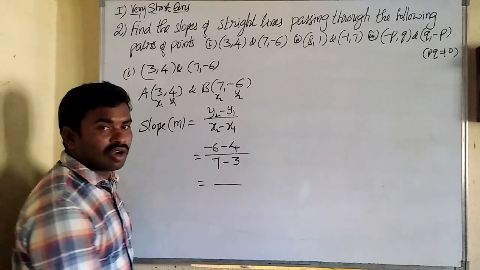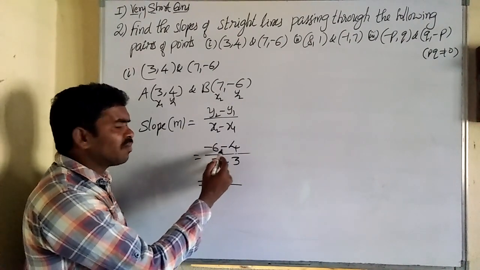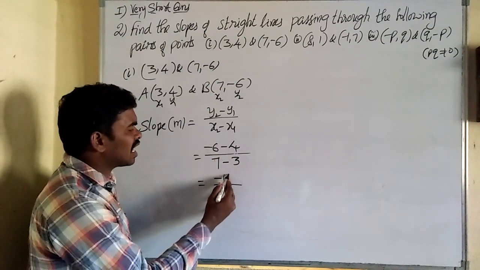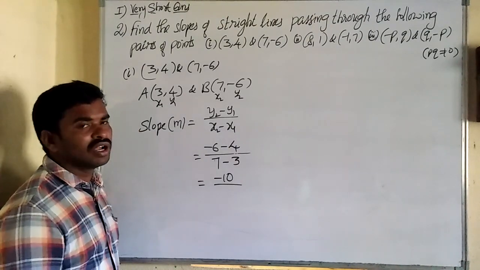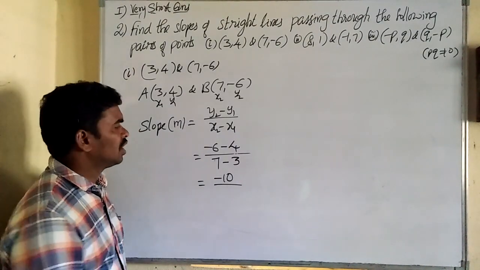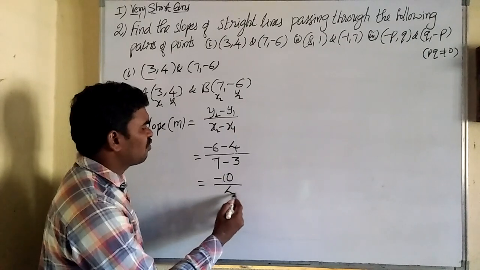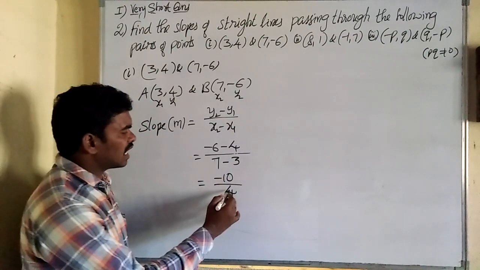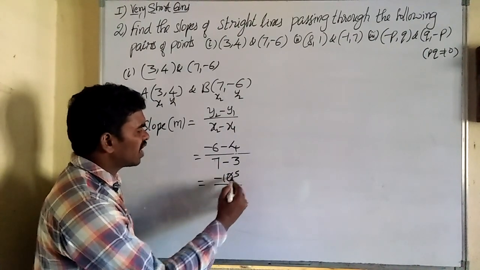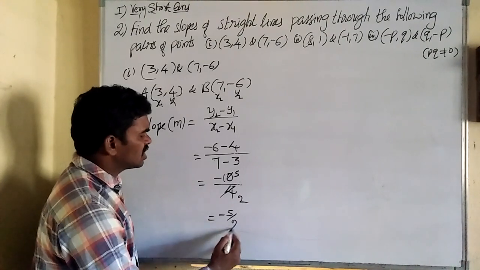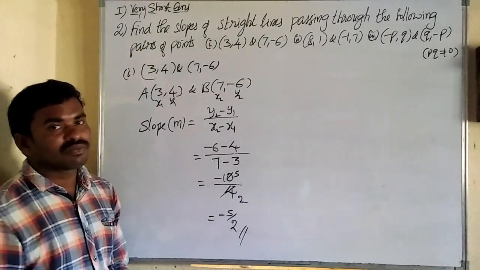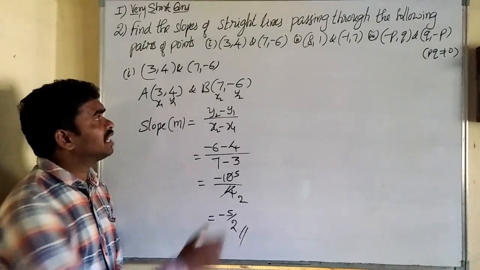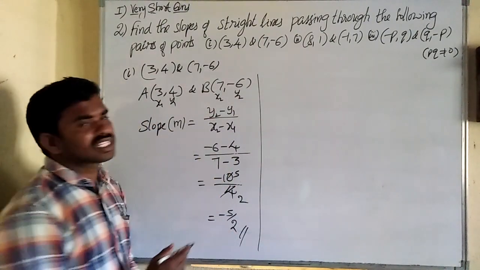So here -6 -4 gives -10, and 7 minus 3 becomes 4. Can we cancel? Yes, 2 twos are 4, 2 fives are 10. So -5 by 2 is the slope of the given pair of points. Is it clear? Yes. First one is completed.